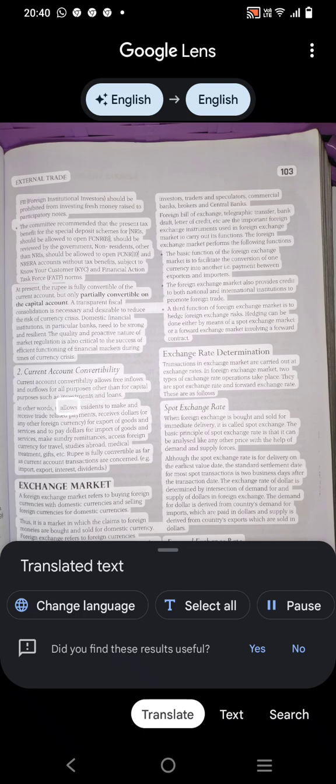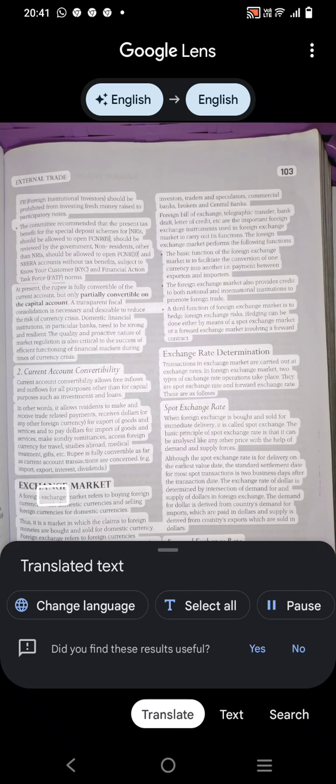In other words, it allows residents to make and receive trade-related payments, receive dollars or any other foreign currency for export of goods and services, and to pay dollars for import of goods and services, make sundry remittances, access foreign currency for travel, studies abroad, medical treatment, gifts, etc. Rupee is fully convertible as far as current account transactions are concerned, e.g. import, export, interest, dividends.